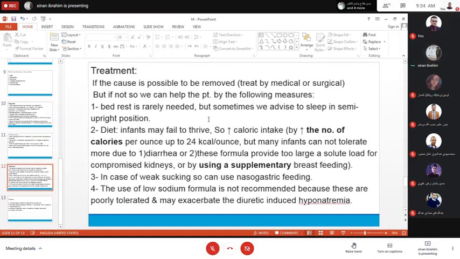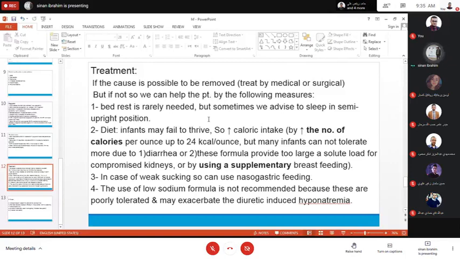The diet is important. Usually, as we say, most of the patients will develop failure to thrive. So we try to increase the calorie intake of the patient by increasing the calories per ounce up to 24 kilocalories per ounce.